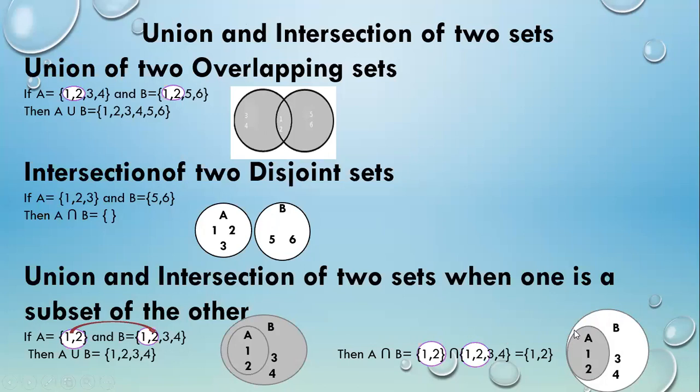The difference is only of shading. Here in the intersection, we get the answer only 1, 2. That means we have to shade only the circle of set A. And what about this Venn diagram? We have to shade the whole Venn diagram.